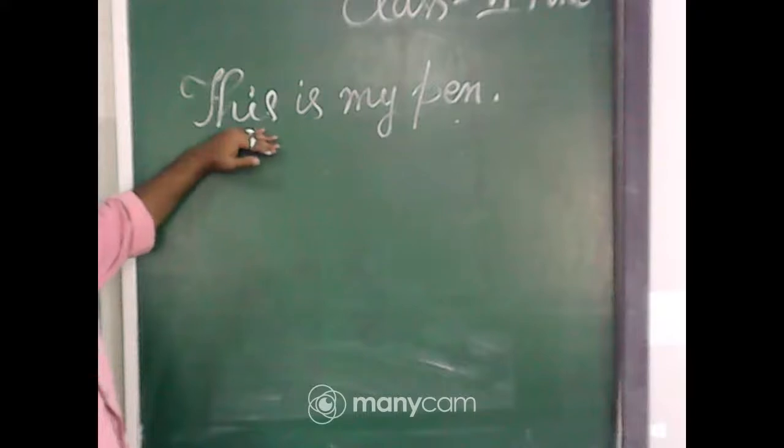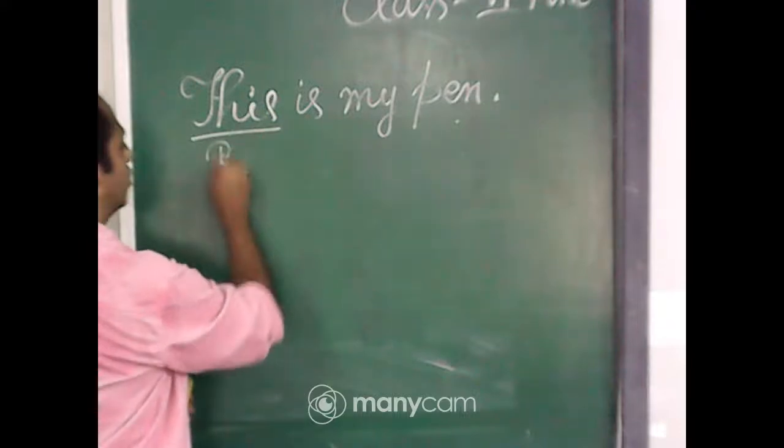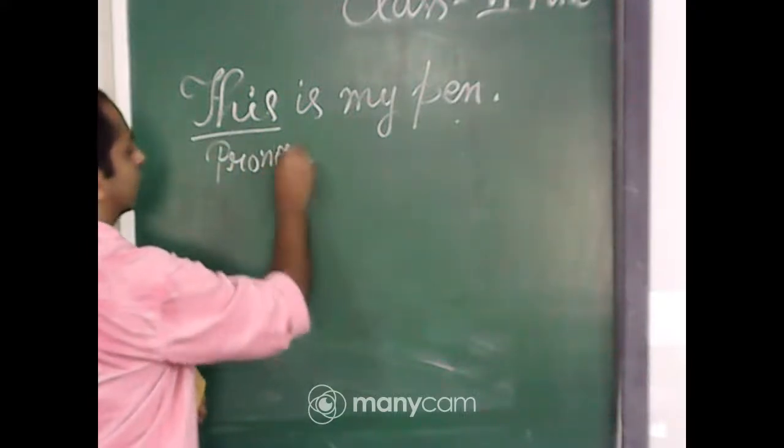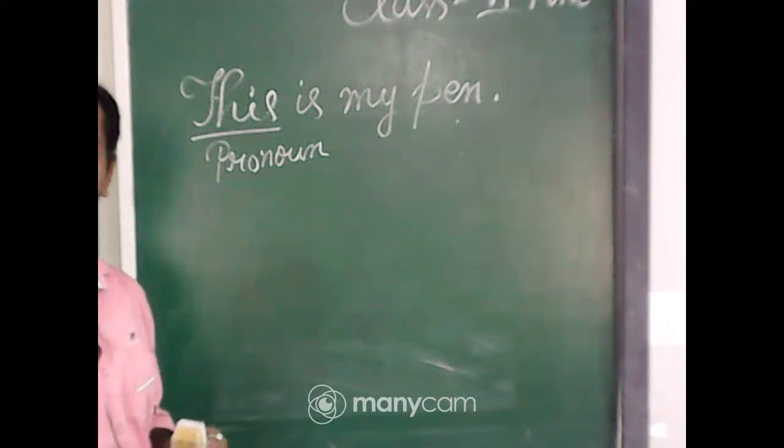This is my pen. So, the word this is used before a verb. So, this one is a pronoun. What type of pronoun? Demonstrative pronoun.